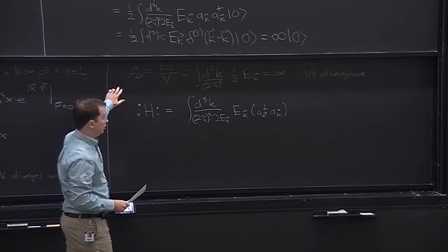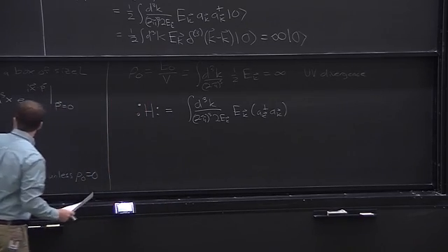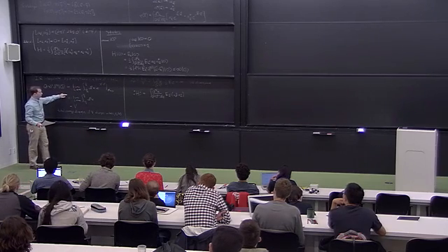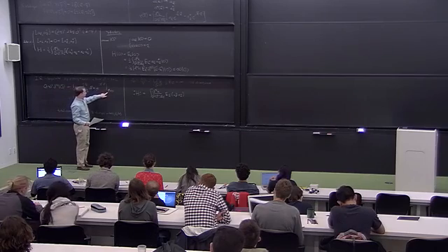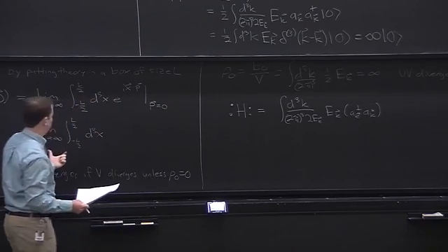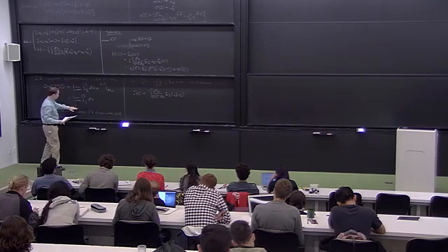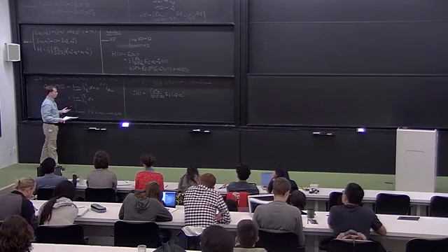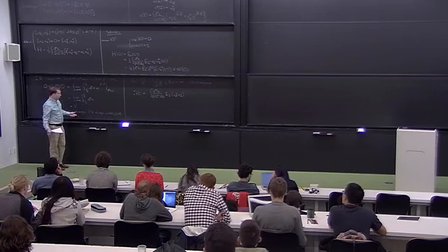That's why I'm calling this a UV divergence. I'm calling this one an IR divergence because it's basically coming from p equals 0, from 0 momentum. Alternatively, we can think about this as coming from long distance physics. So IR either means low energy or long distance.